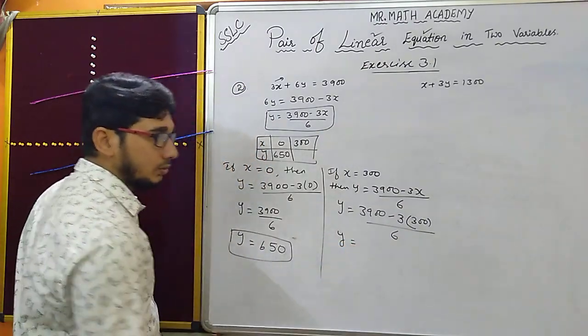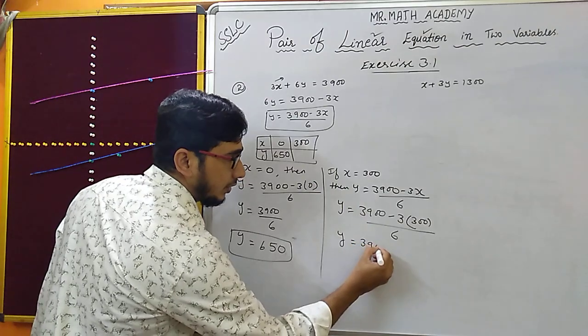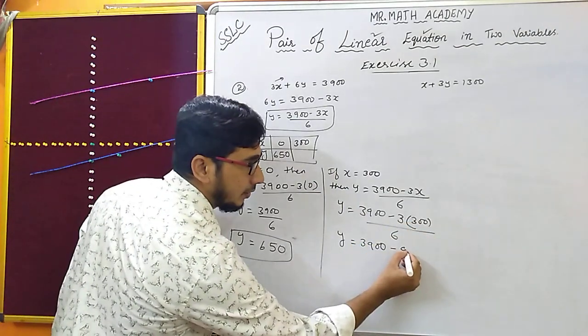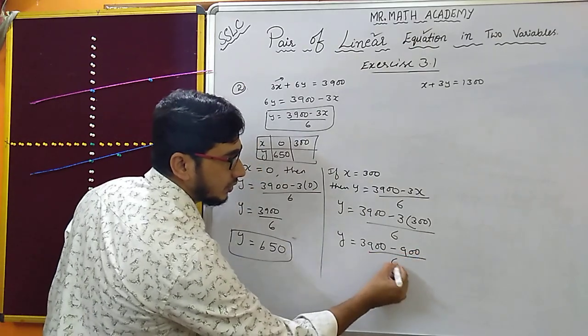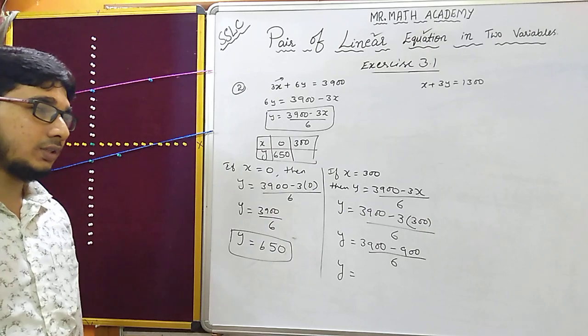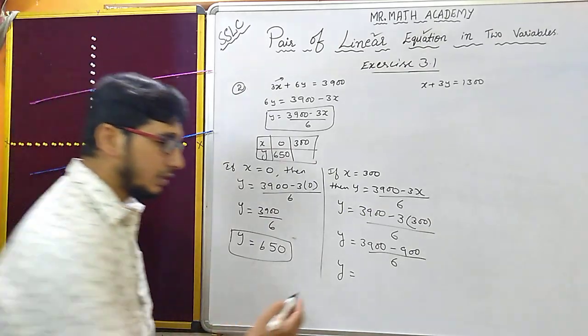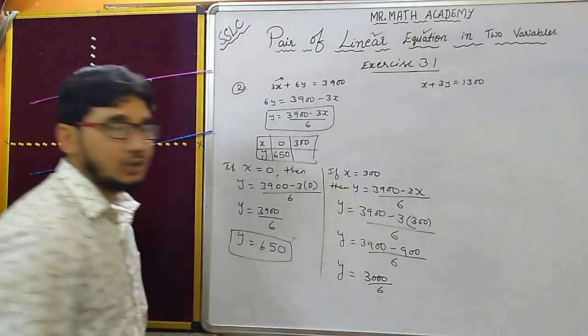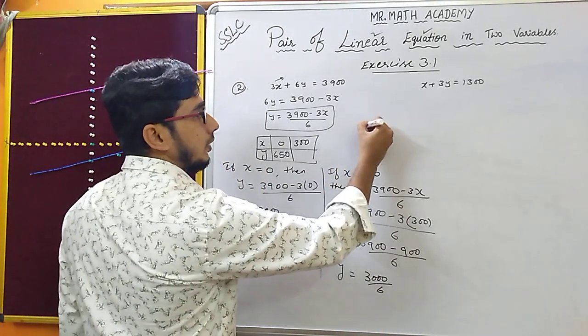So y is equal to 3,900 minus 3 3s are 9, 00 as it is, by 6. Easily 900 will go from 3,900. 3,900 minus 900 is 3,000, divided by 6. You can easily divide now.